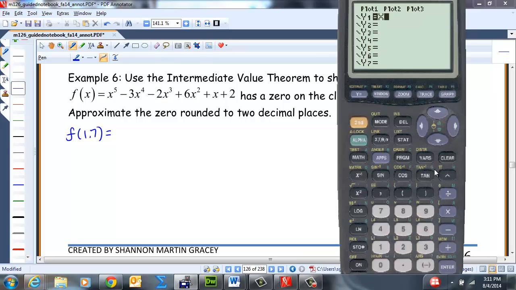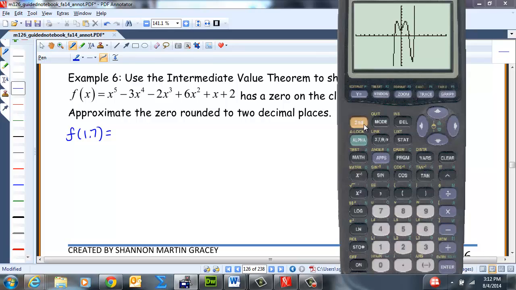So we'll have x to the 5th minus 3 times x to the 4th minus 2 times x cubed plus 6 times x squared plus x plus 2, and then let's just try zoom standard and see what it turns out like. All right, kind of a groovy looking graph there.